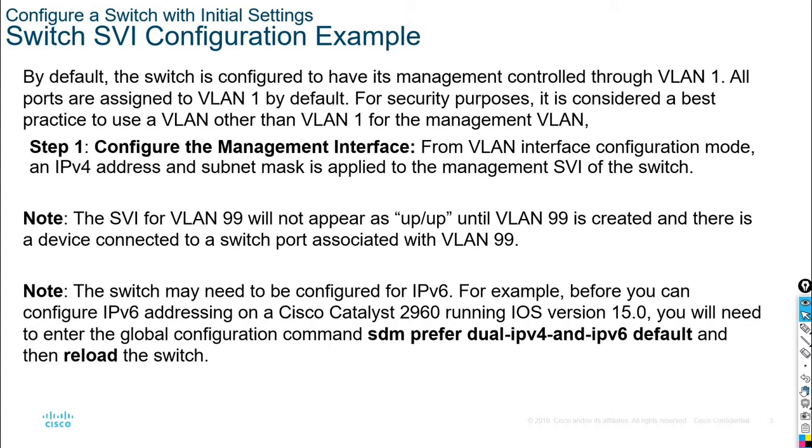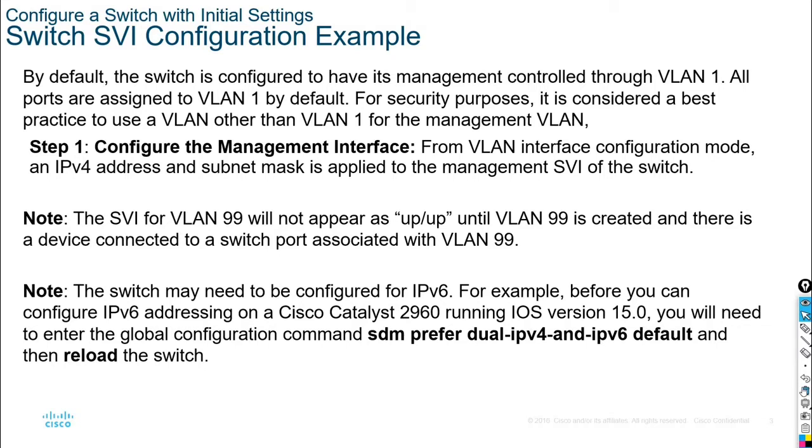For security purposes, it is considered a best practice to use a VLAN other than VLAN 1 as the management VLAN. So step 1, configure the management interface from VLAN interface configuration mode, and the IPv4 address and subnet mask are applied to the management SVI, that is, the switch virtual interface of the switch.